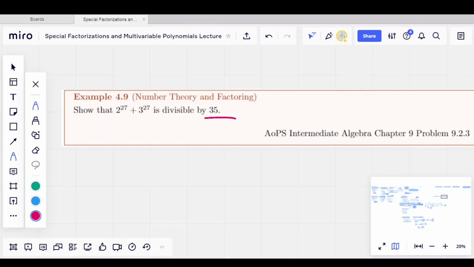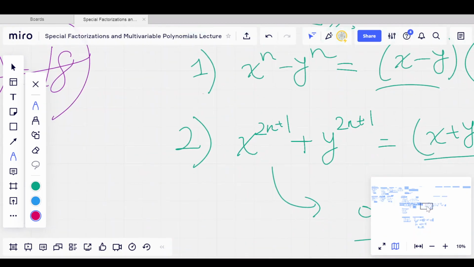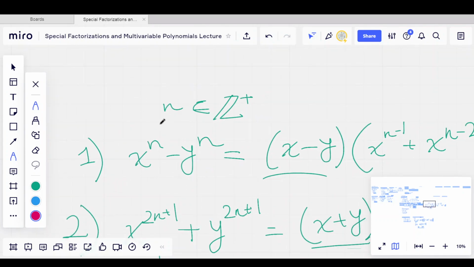Okay, so someone asked, will the first identity work for even numbers? Yes, it will. It will work for any positive integer. See?